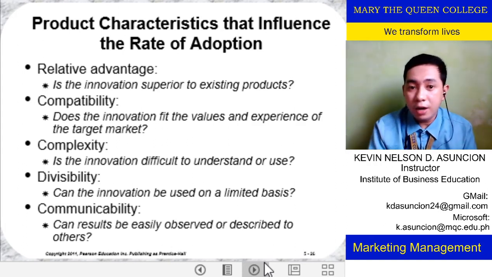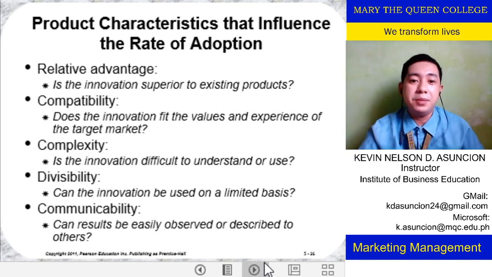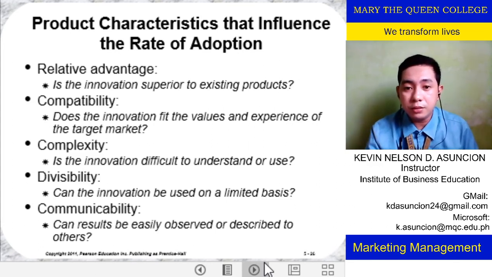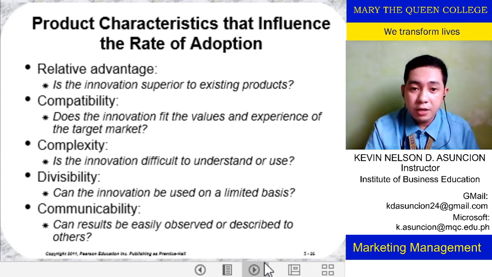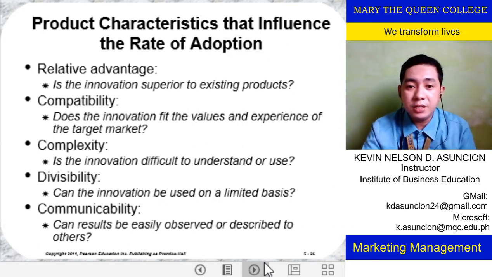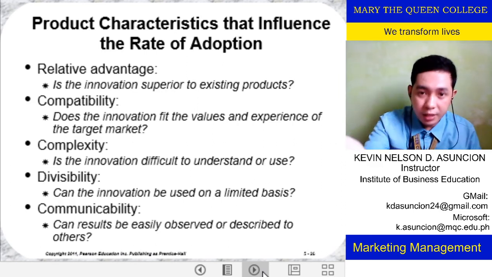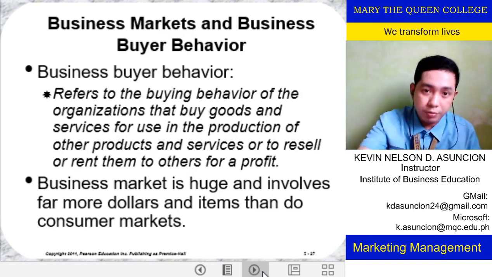Or how about if it can do many things? That may also be a complexity. Divisibility: can the innovation be used on a limited basis? And communicability: can the results be easily observed and described to others? So these are the product characteristics that affect the adoption rate.